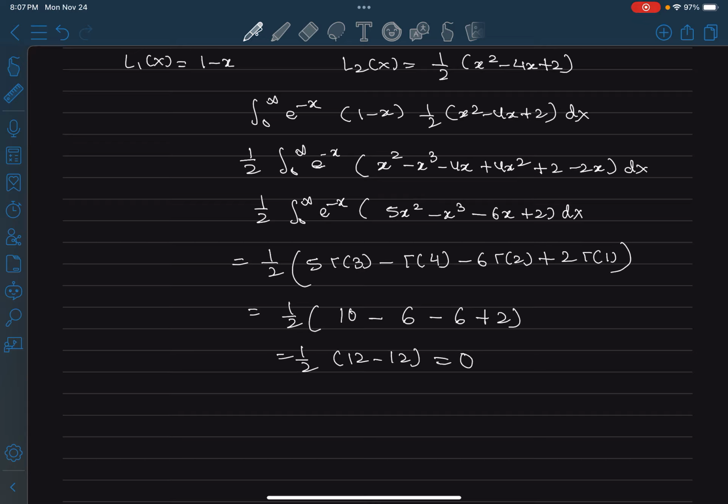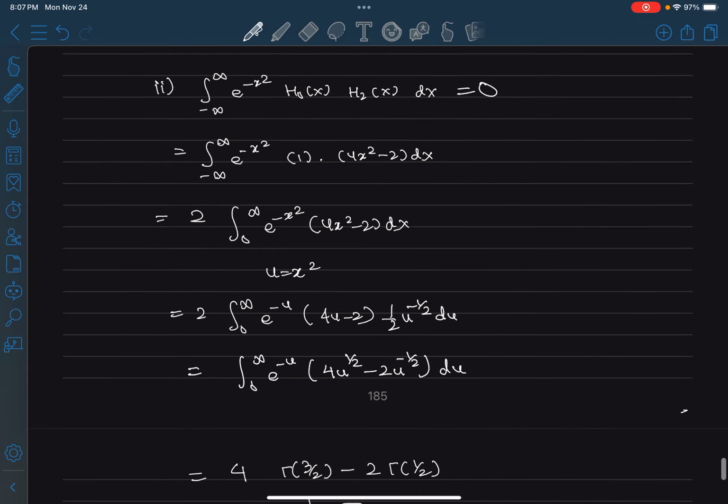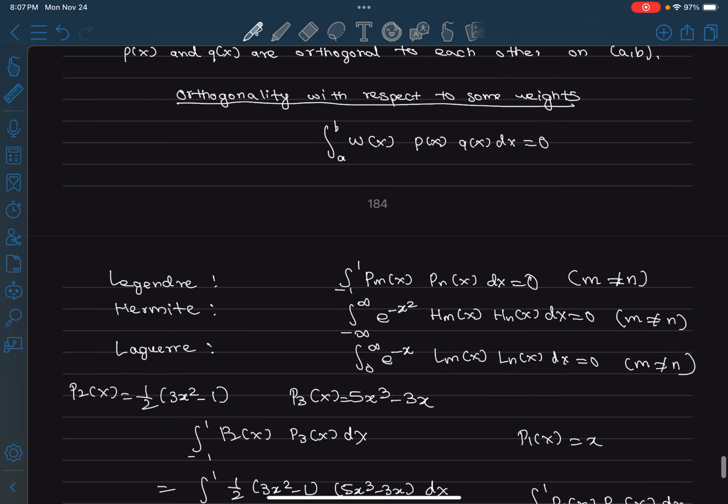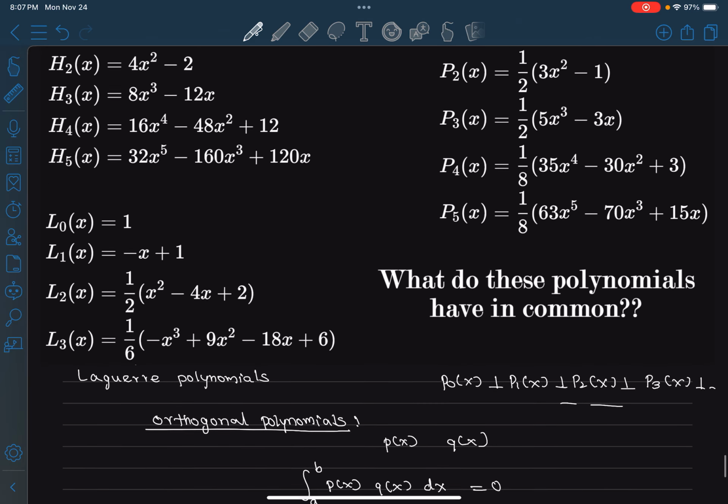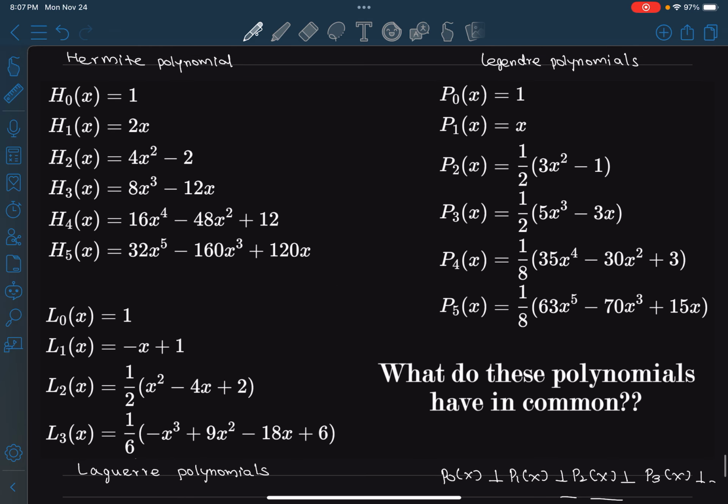And we see that they're also orthogonal to each other. And this is pretty satisfying, you know, the fact that we are taking the integral with an exponential or exponential squared, and then they nicely reduce to 0, right? To me, this polynomial feels so special and so satisfying.